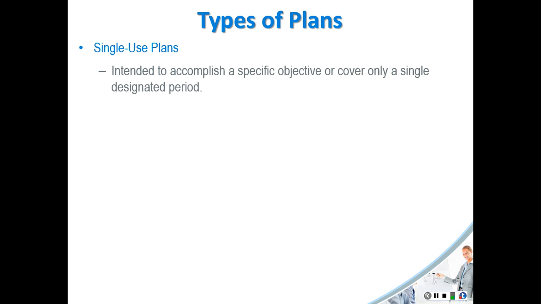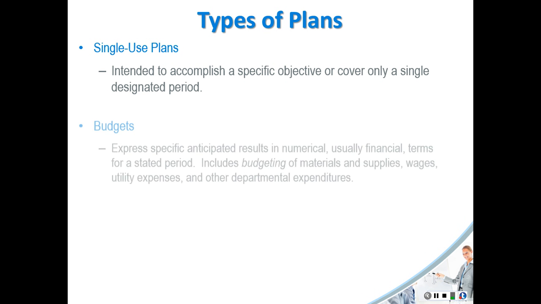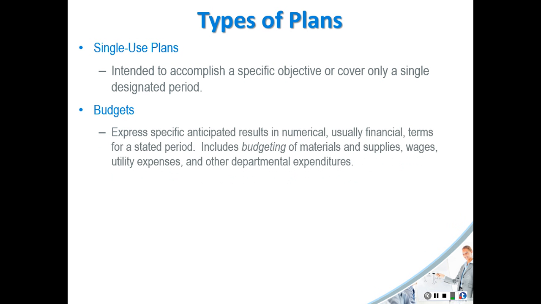All right, then there's what's called single-use plans. These are one time only, used to accomplish maybe a particular or specific objective, and pretty much a single designated time period. Like a budget. Budgets express specific anticipated results in numerical, usually financial terms for a stated period of time.